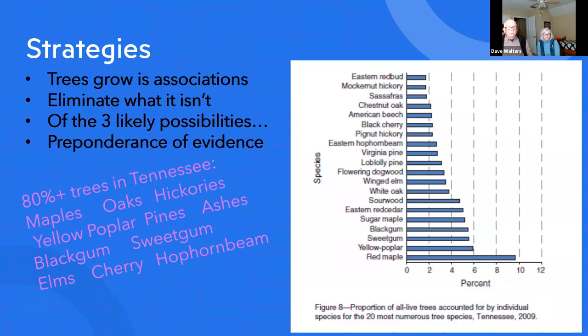So trees grow in associations, and a neighborhood is an association. That means where you find one tree, chances are you're going to find several of those, and there's going to be 5 or 8 different species growing together in an association. Usually there's not 25 trees growing in an association.